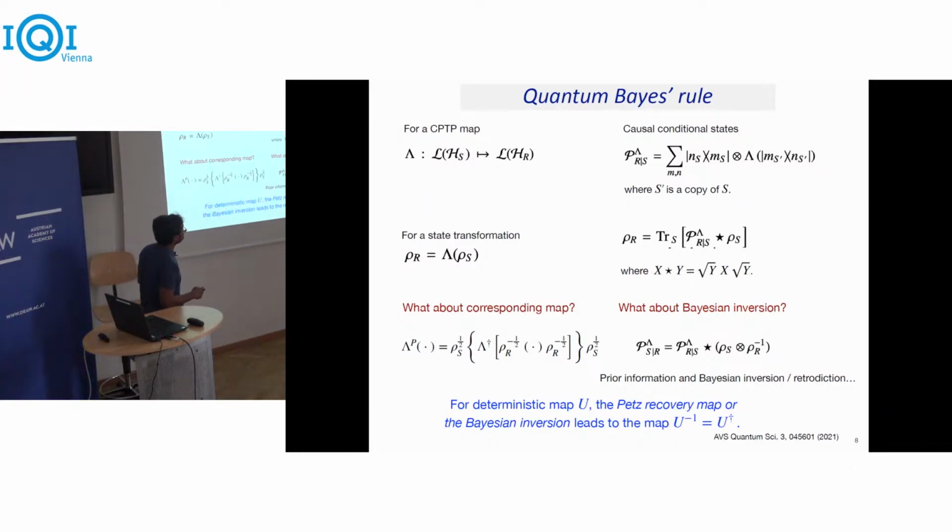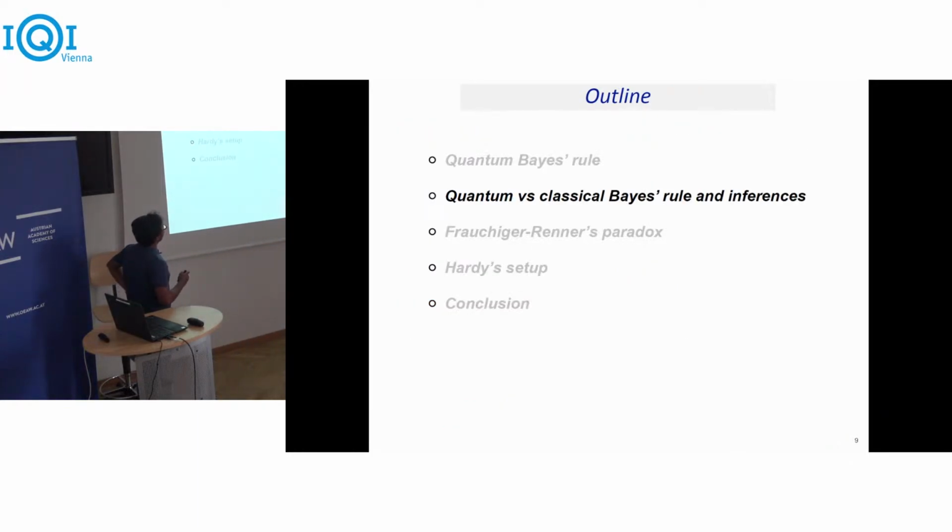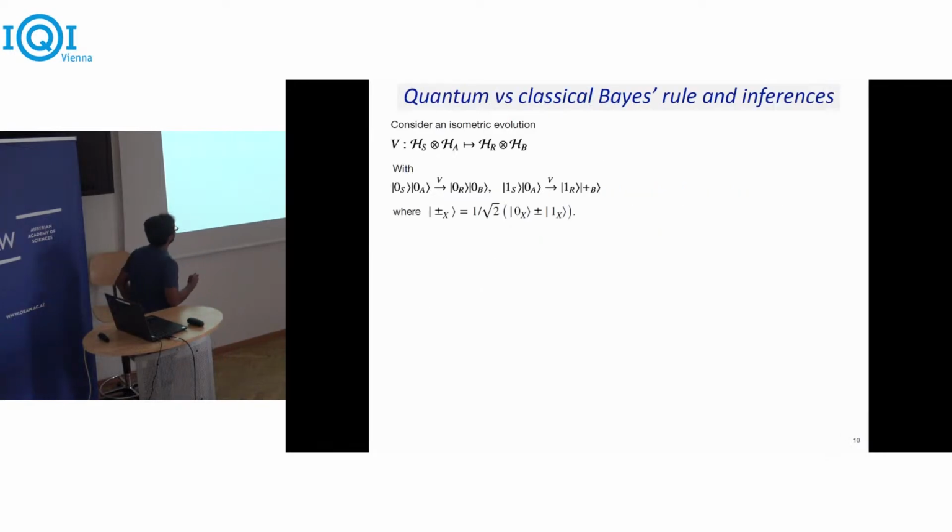With this, I will now go quickly through how even this simple setup, considering just unitary, shows differences in inference between classical Bayesian inference and quantum Bayesian inference. Here I will take a simple example to start with.